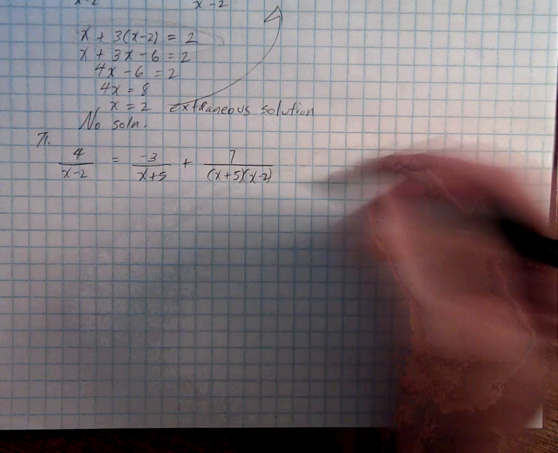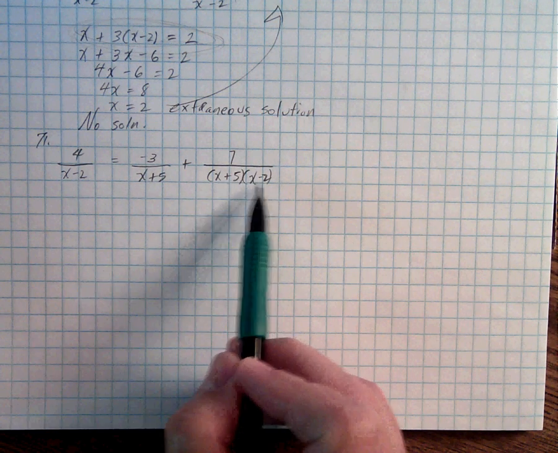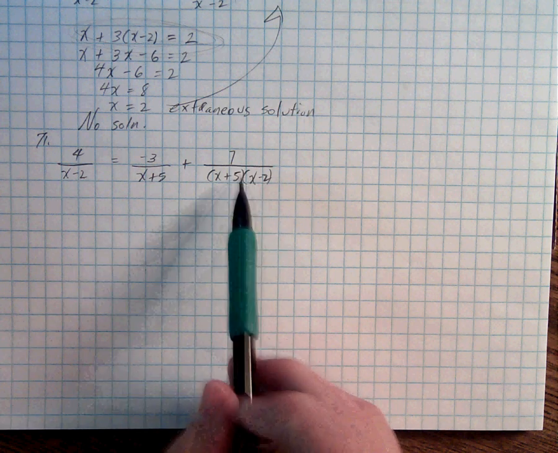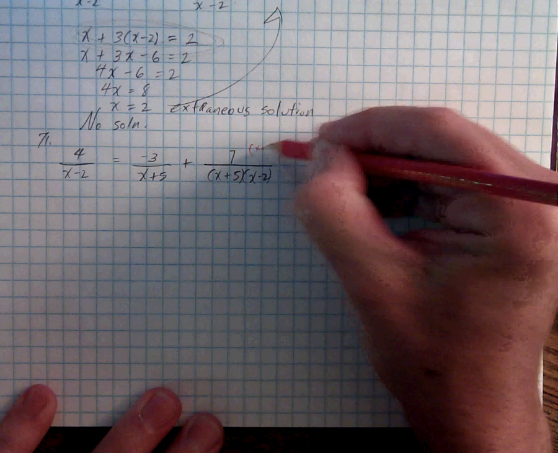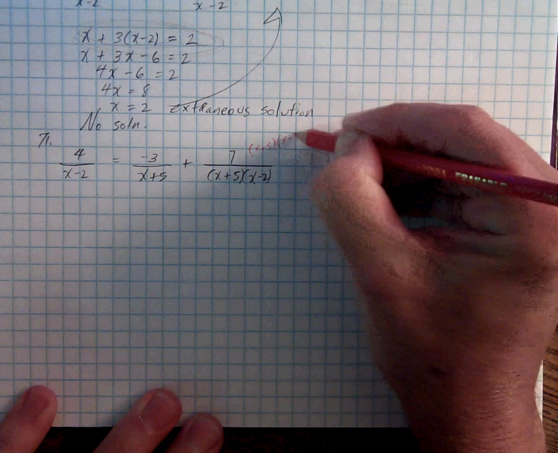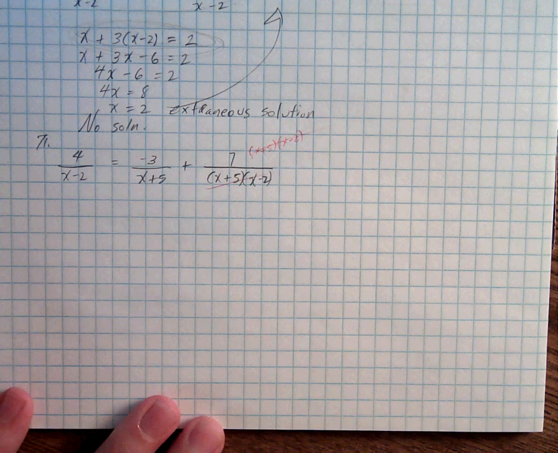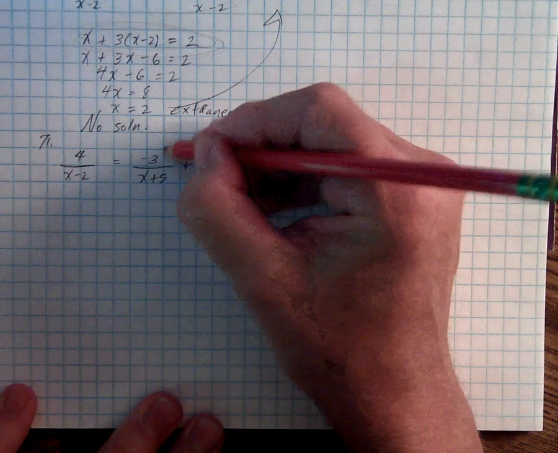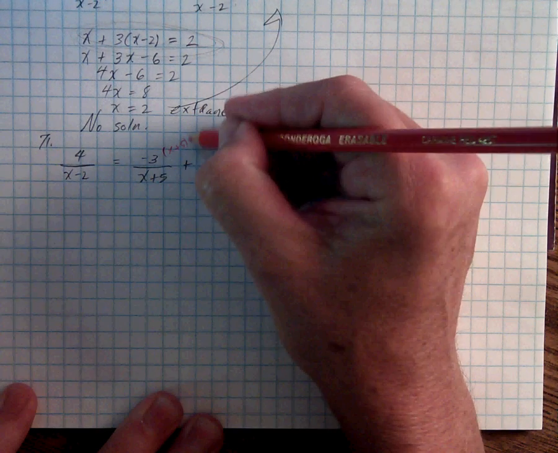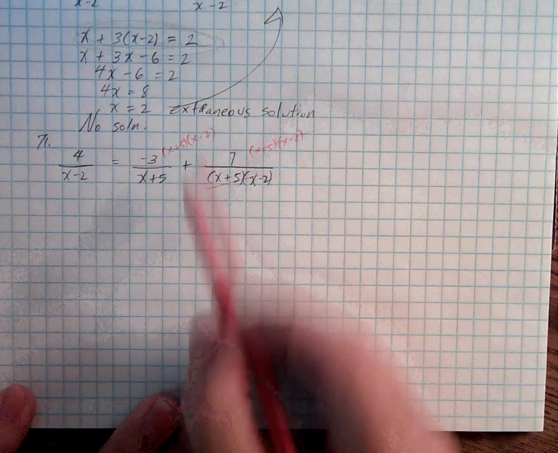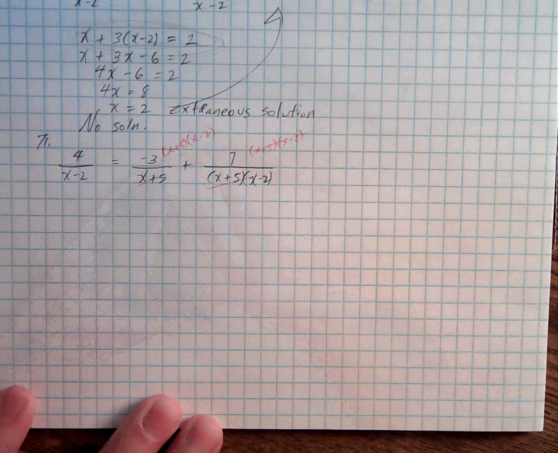Alright, so it looks like the common denominator is x plus 5 times x minus 2. If I multiply this by x plus 5, x minus 2, those are just going to cancel out, leaving me with 7. Then I'll multiply this by the same thing, x plus 5, x minus 2. The x plus 5's will cancel, but the x minus 2 will remain and get multiplied to the -3.